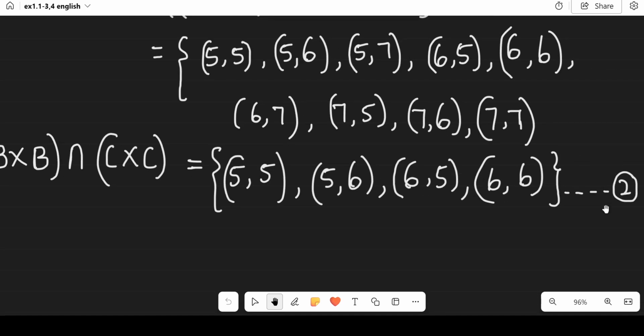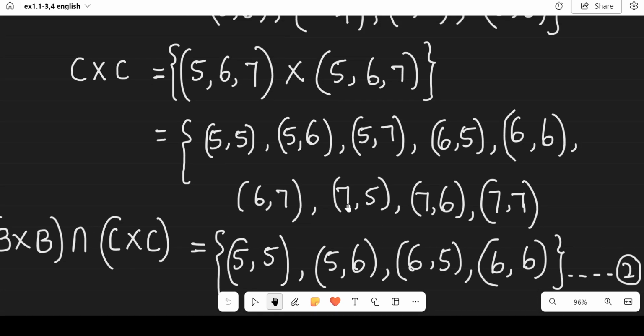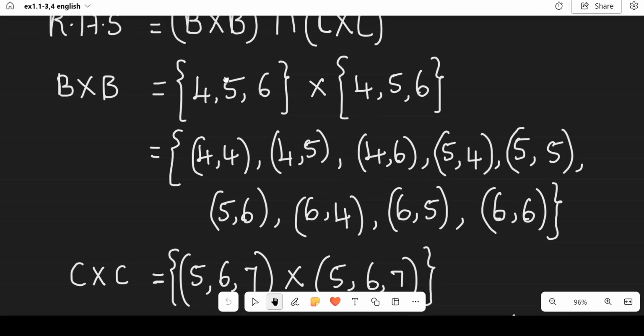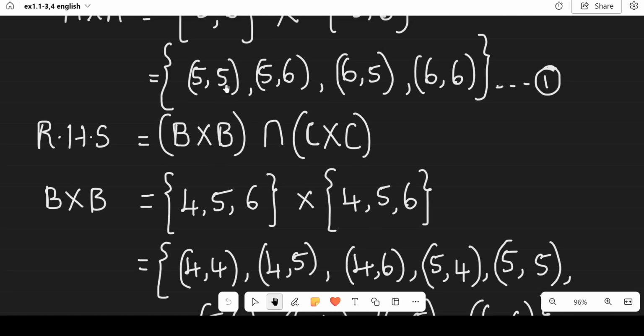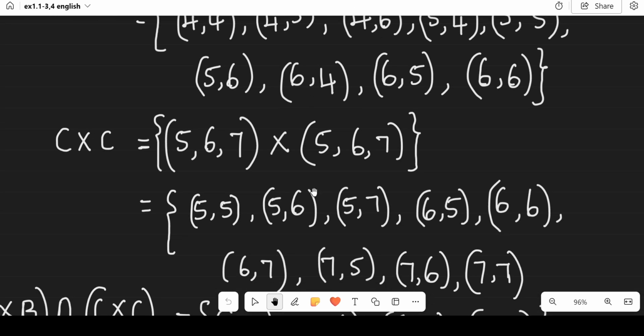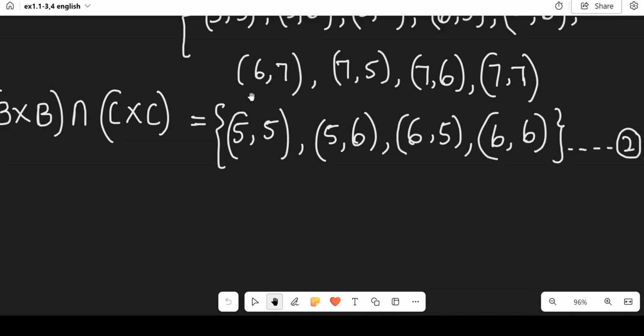Now we are going to check whether equation number 1 and 2 are equal or not. Equation number 1 is (5,5), (5,6), (6,5), (6,6), and equation number 2 is also the same, right?